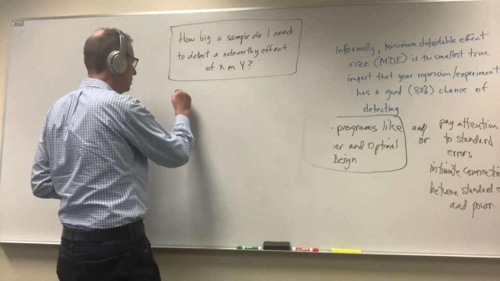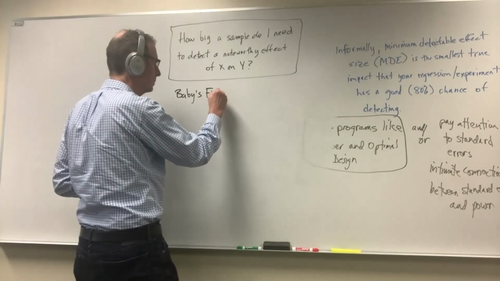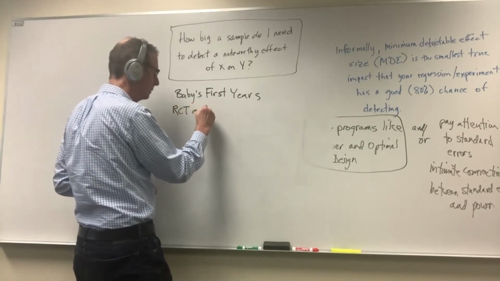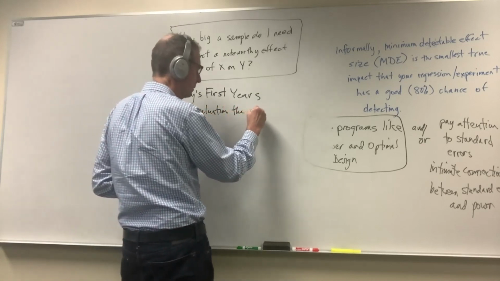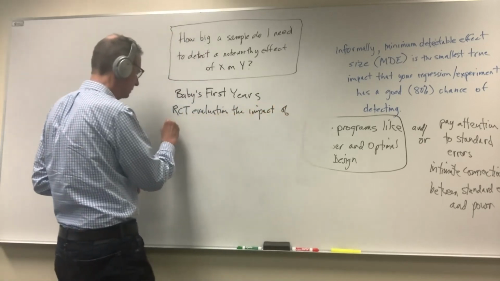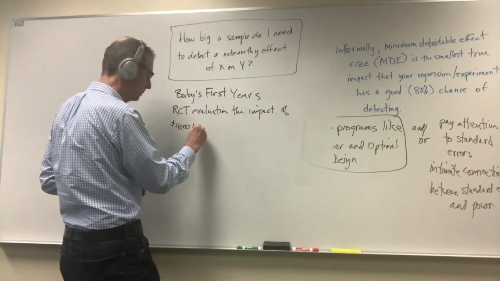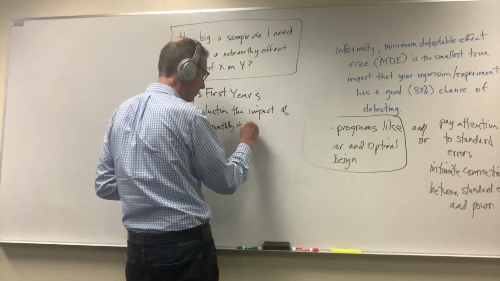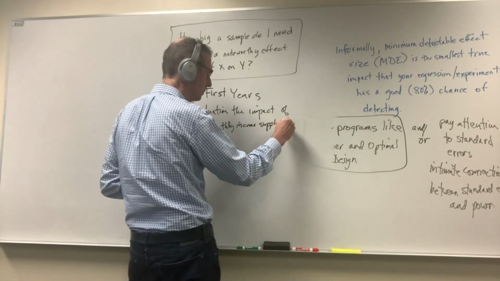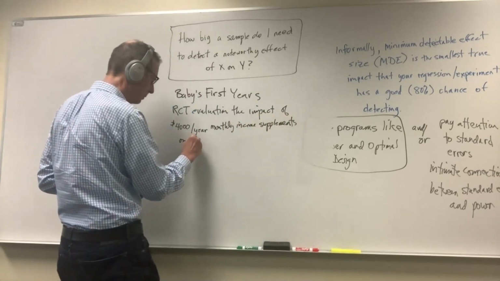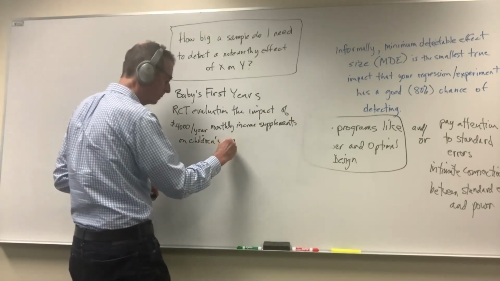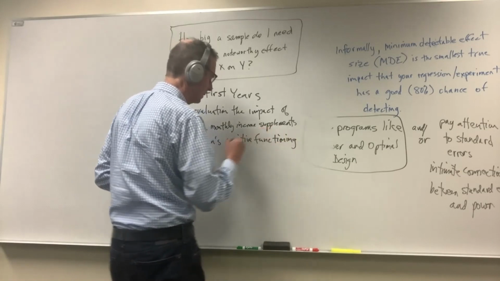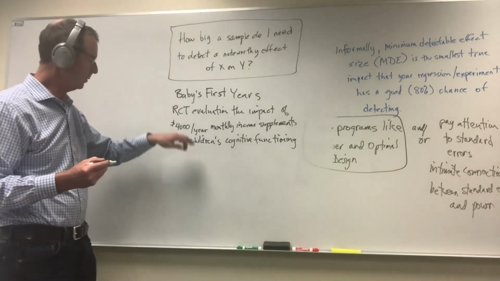It's called Baby's First Years, and it's an RCT evaluating the impact of $4,000 per year income supplements, paid monthly, on children's cognitive functioning. There are other outcomes we're looking at, but let's focus on children's cognitive functioning.